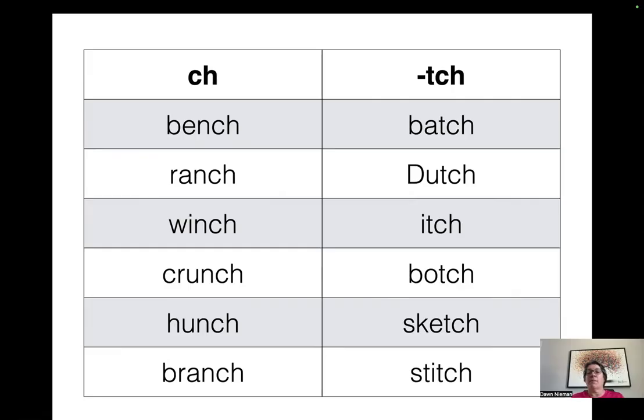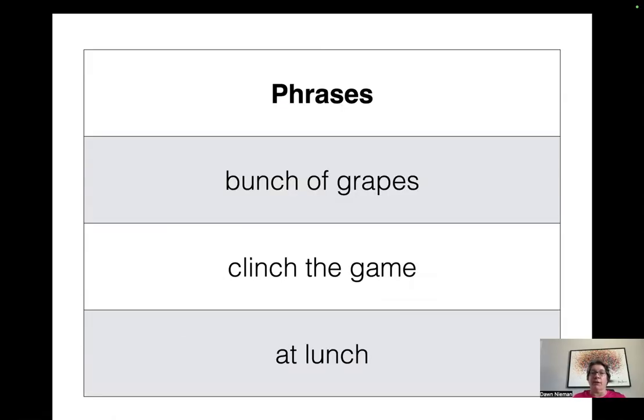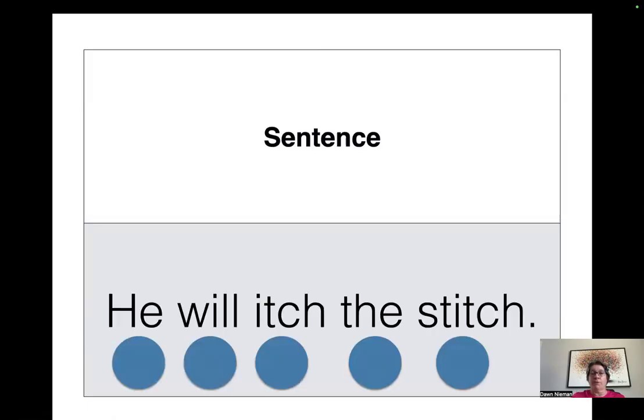Or something about a stitch, like what is a stitch? And they might say, oh, it's that thing that if you cut yourself, you get stitches. Yeah, how is that different than if I am running and I get a stitch in my side, right? To expand their vocabulary.